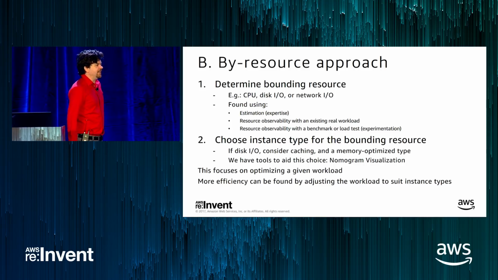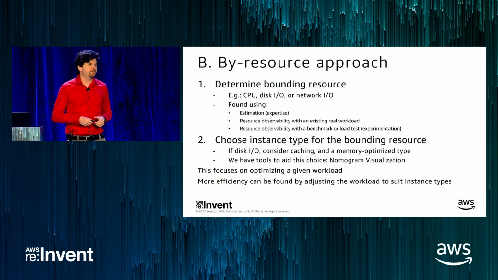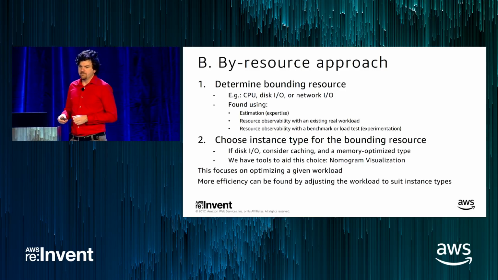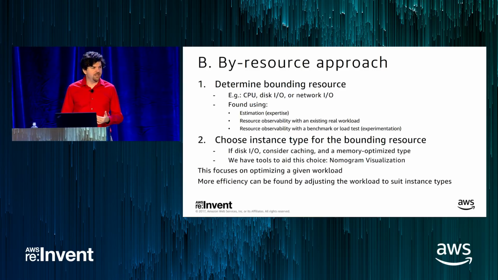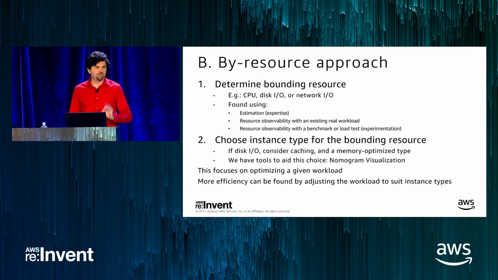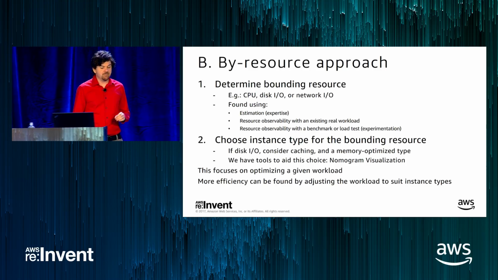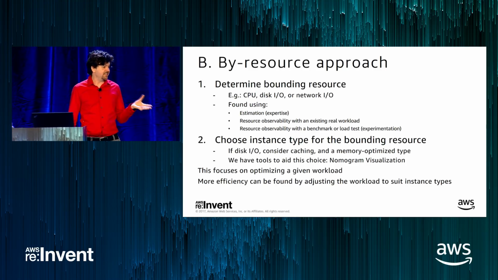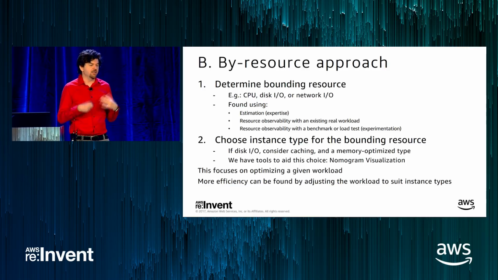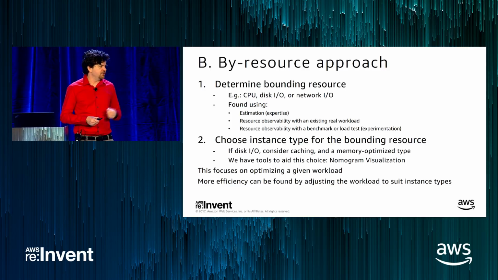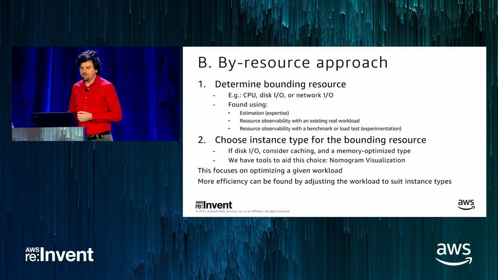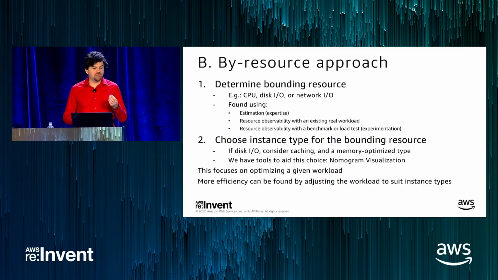A different way of picking an instance type is to determine what is the bounding resource, whether that's CPU, disk, or network I/O, and pick the instance type just based on that alone. That can be found using estimation. I know it's a database. I know it's going to have high IOPS. I know I should probably pick an i3. We can use an existing real workload.